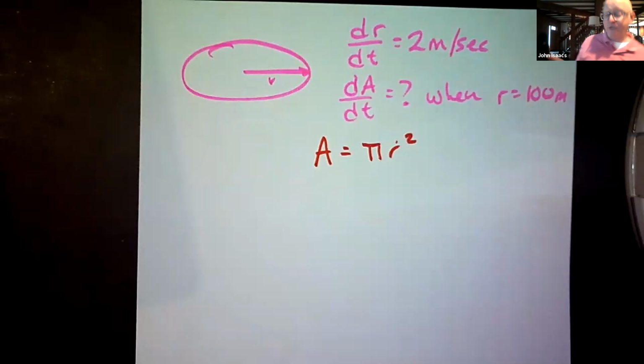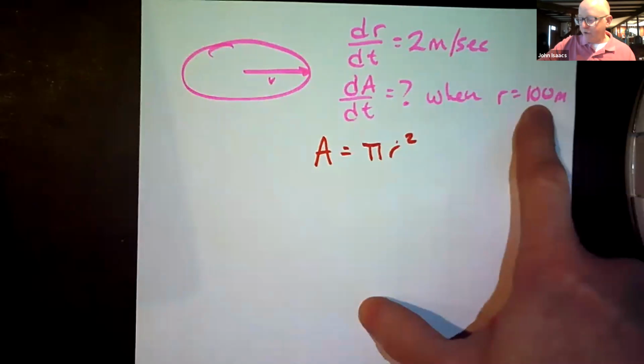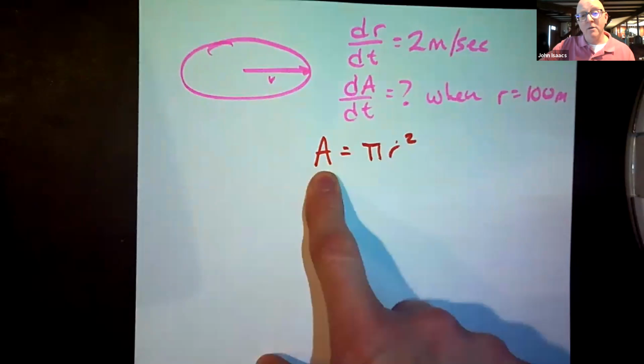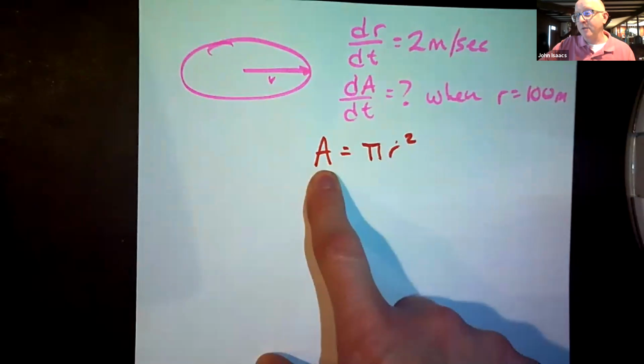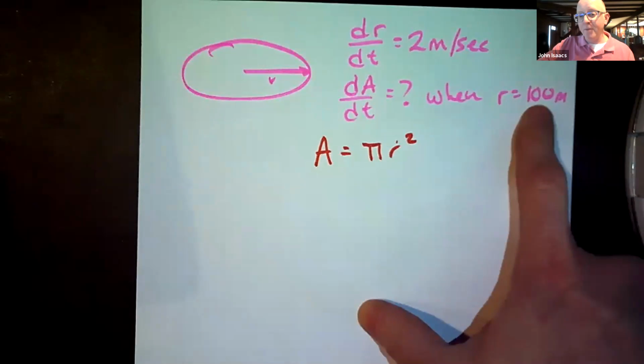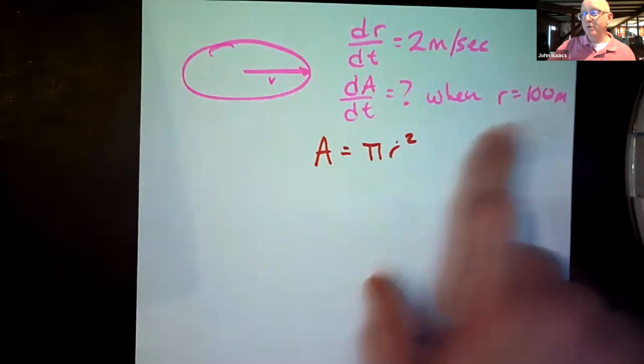We're talking about rates of change, the rate of change of radius, the rate of change of area with respect to time. If we substitute this 100 in for r now, we're doing algebra. Nothing's changing. We're just going to wind up calculating what the area is at that moment, right? So we don't substitute this moment in time until after we do the calculus.